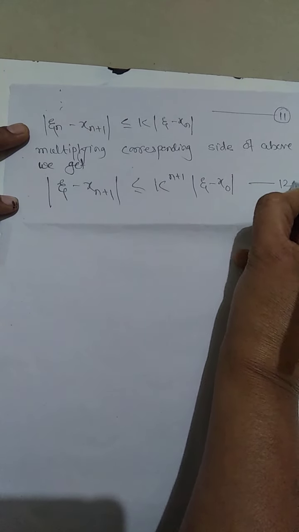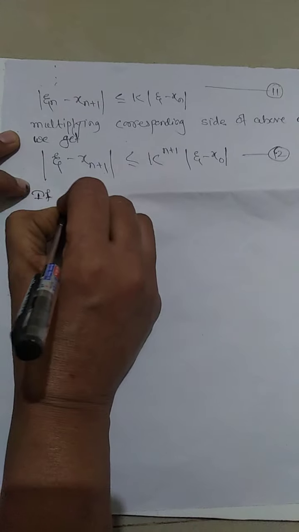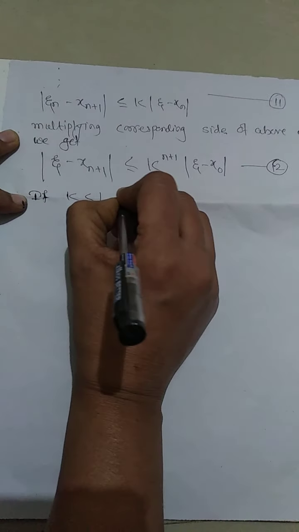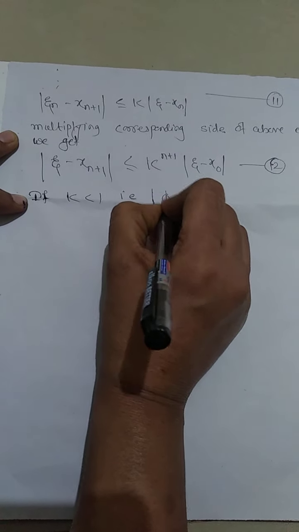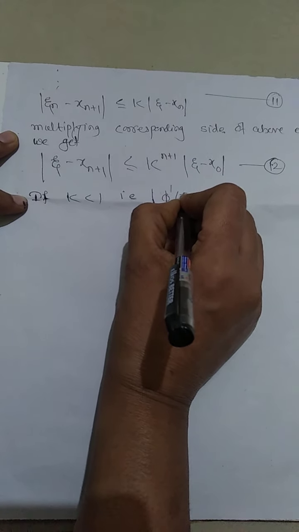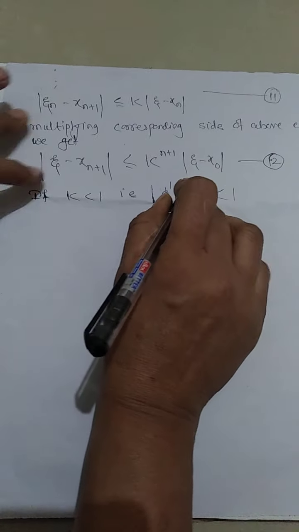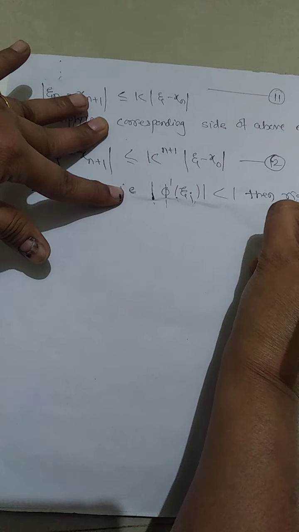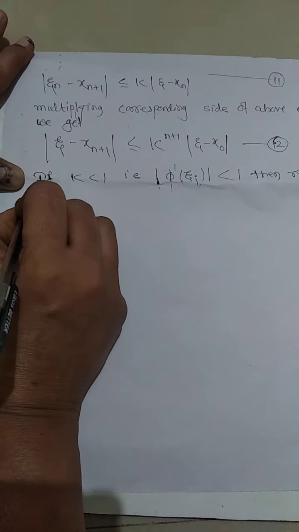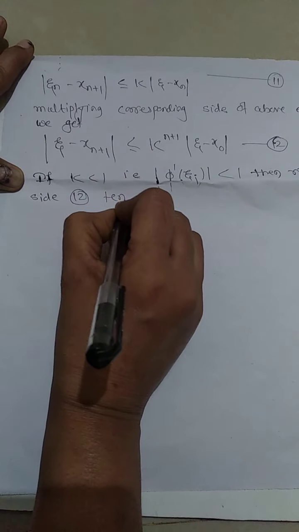That is equation number 12. If k is less than 1, that is mod of phi dash of xi i is less than 1, then the right side of 12 tends to 0.